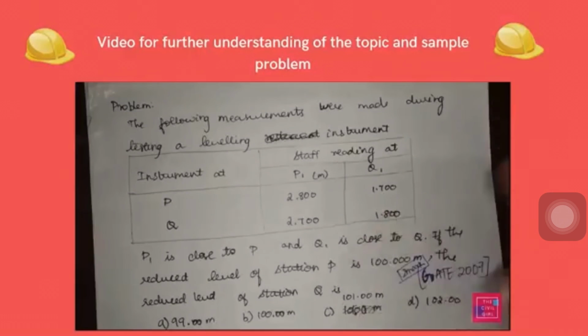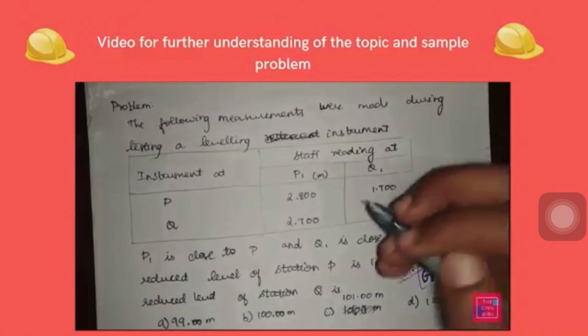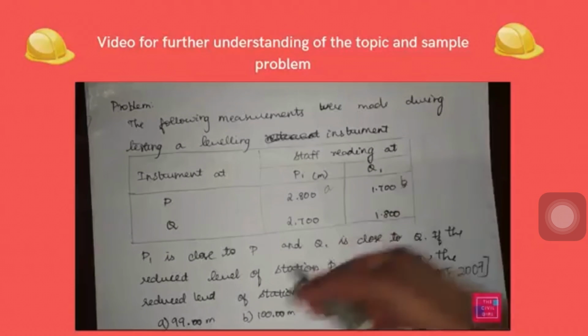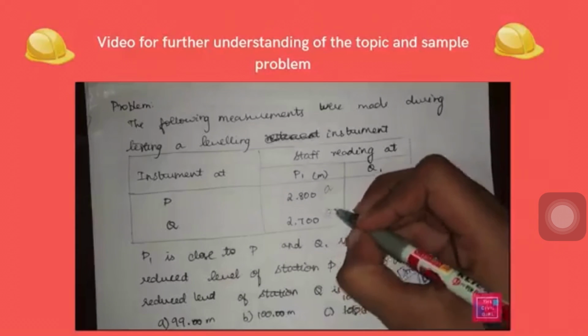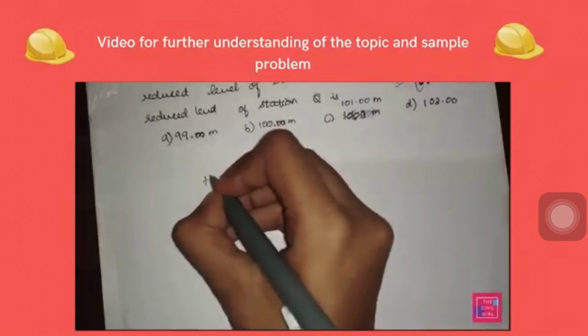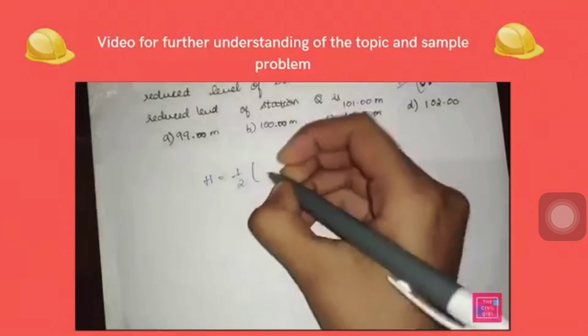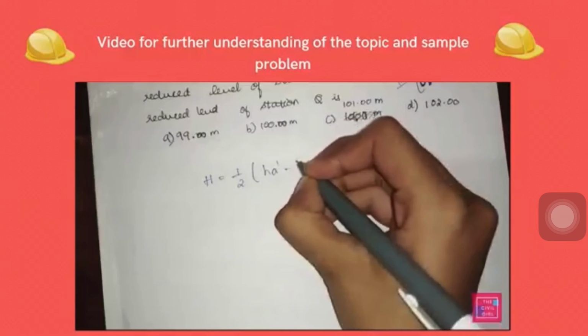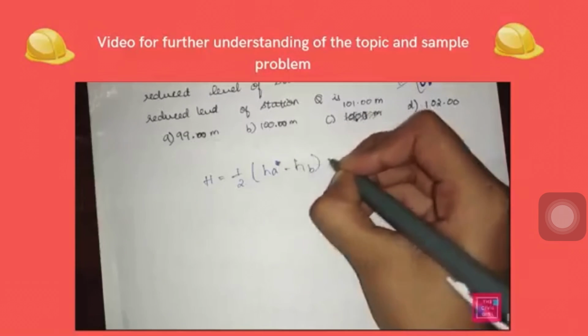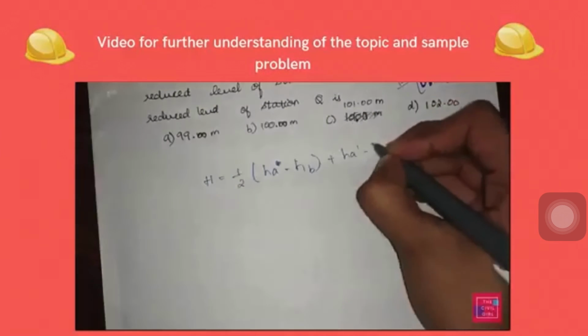We know the RL of P, so the staff reading notations will be A, B. We don't know the value of Q, so it is A dash, B dash. On substituting it in our formula, H is equal to 1 by 2 into HA minus HB plus HA dash minus HB dash.